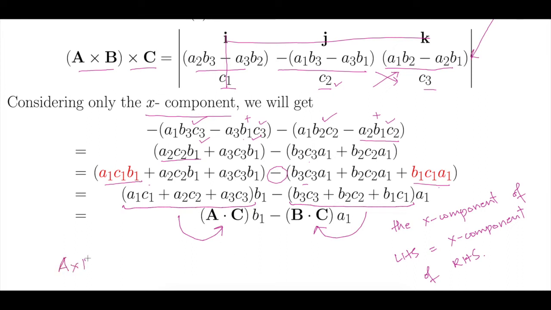So A cross B cross C is equal to A dot C times B minus B dot C times A. Okay, they are all vectors here.